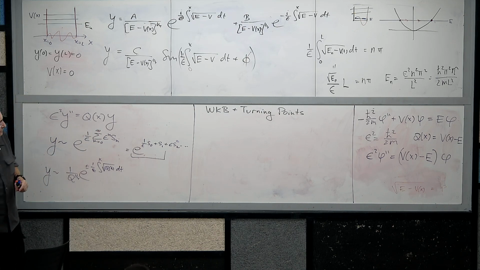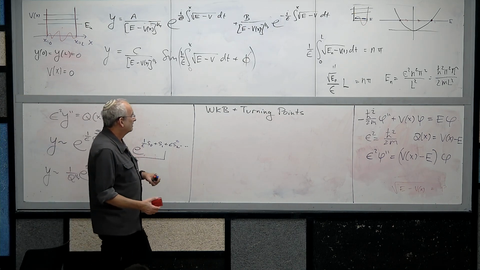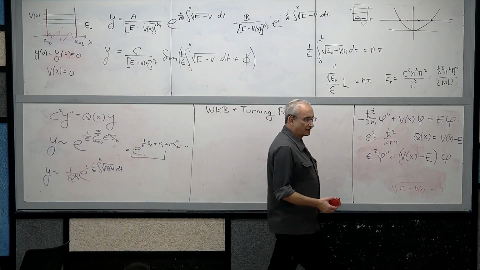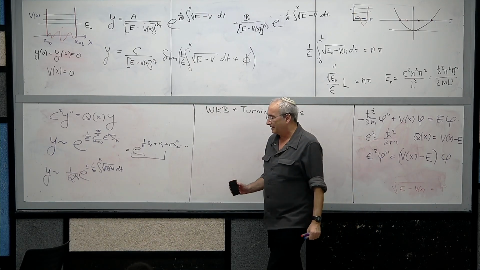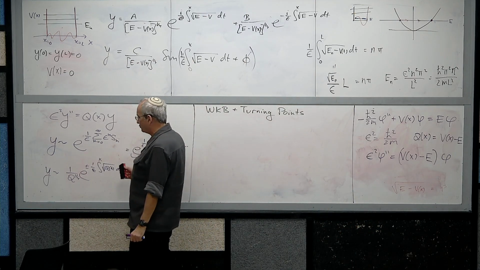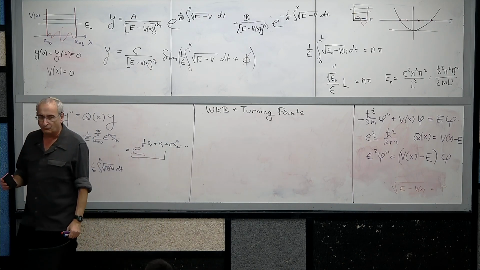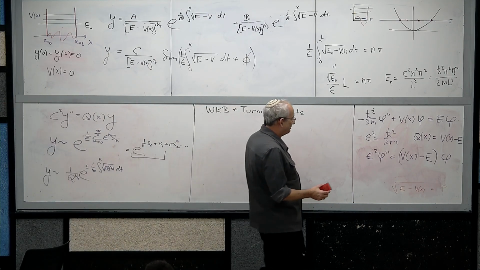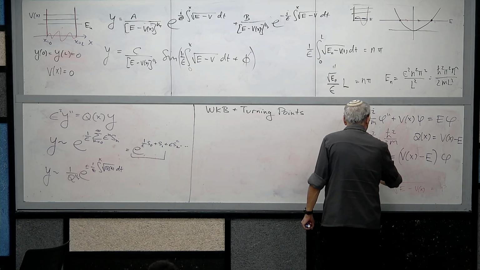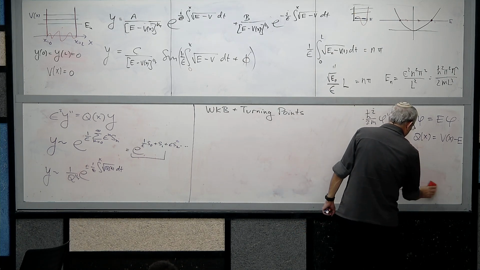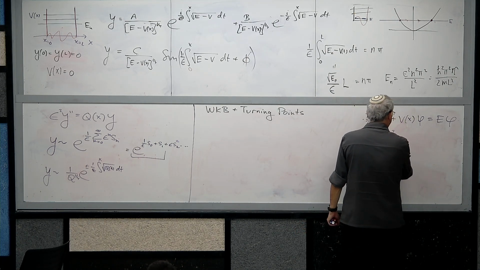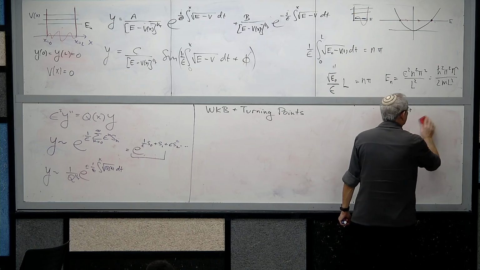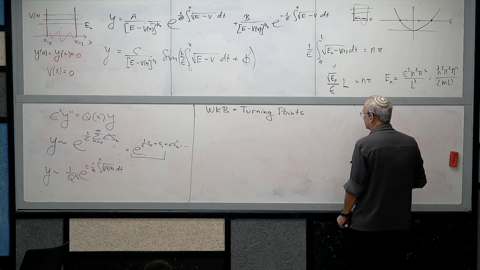Maybe the next one will also. Okay, so we want WKB with turning points. I will erase this because I have no other choice. No one has invented yet an infinite whiteboard.